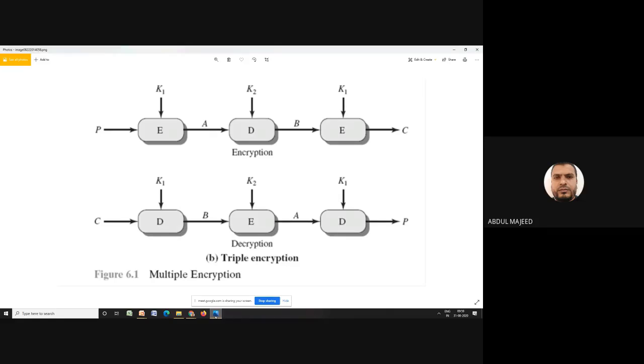That's why it is not decrypting the ciphertext to the plain text. You will get another cipher.